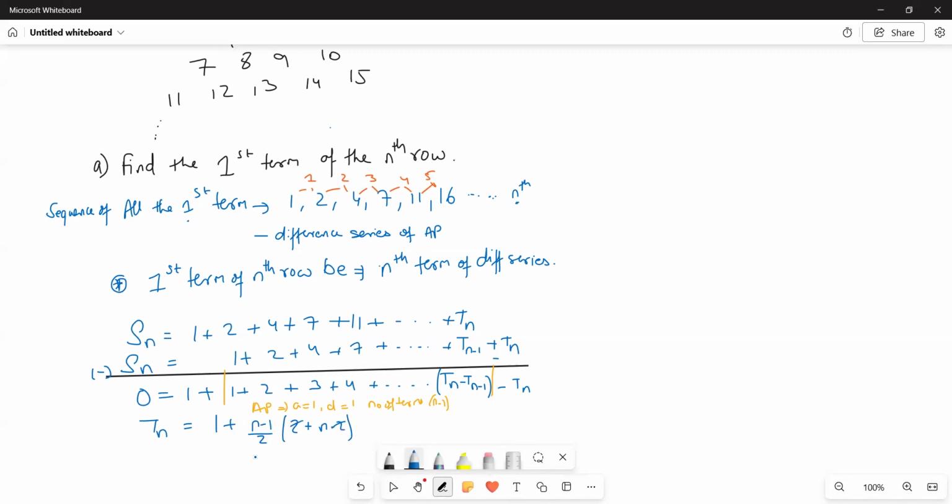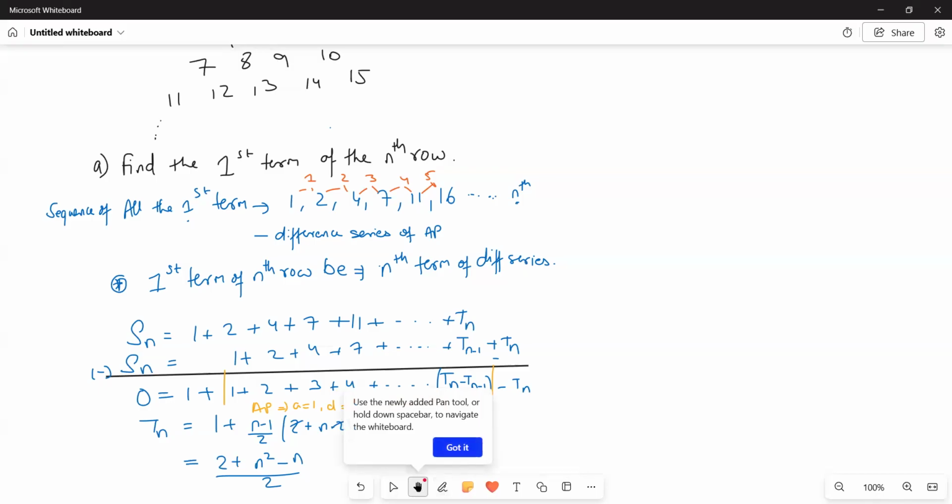तो ये 2 cancel हो गया. And this will end up becoming 2 plus n square minus n whole divided by 2. So this would be what we get for the first term of the nth row. Was everyone able to understand this? The first term of the nth row would be n square minus n plus 2 whole divided by 2.